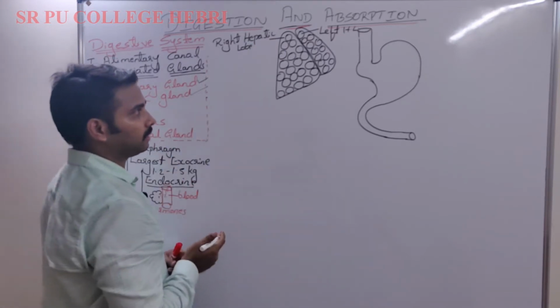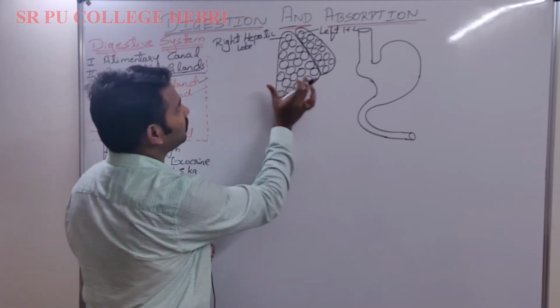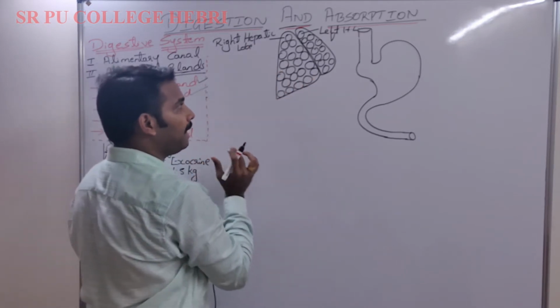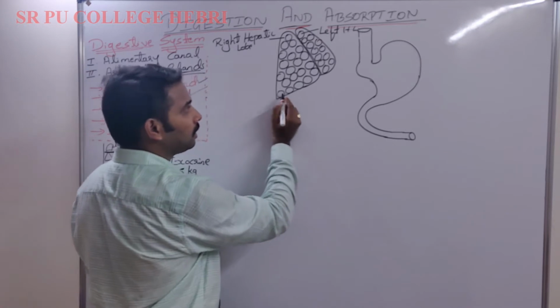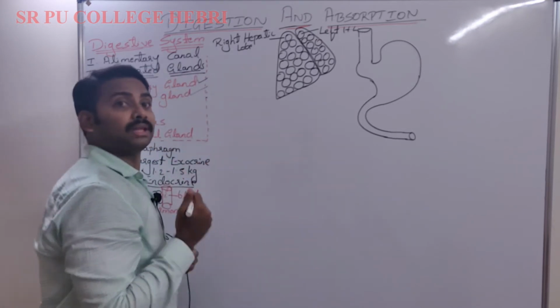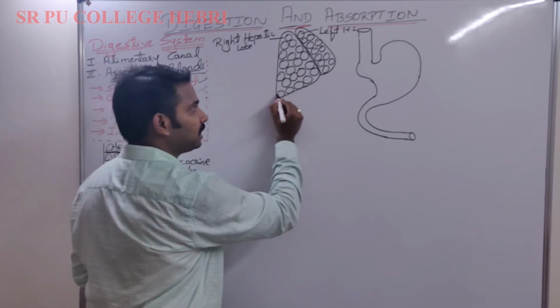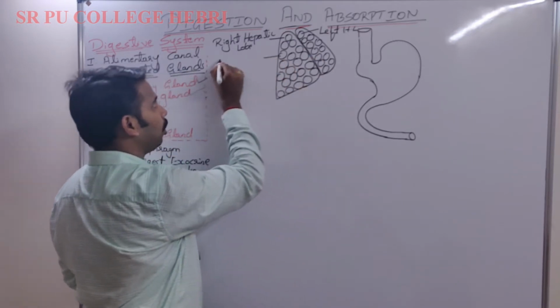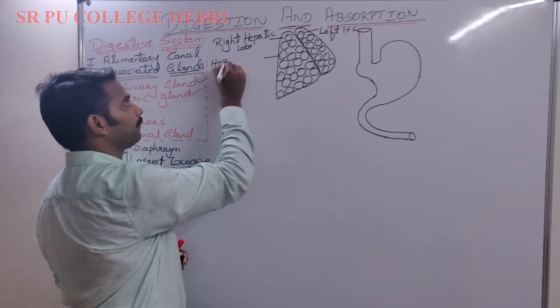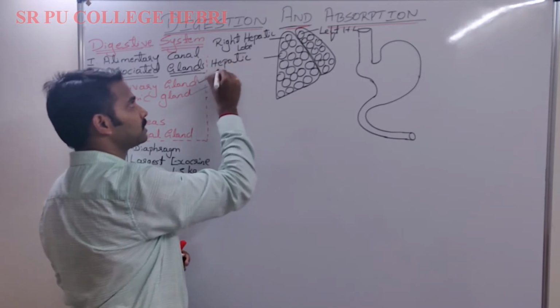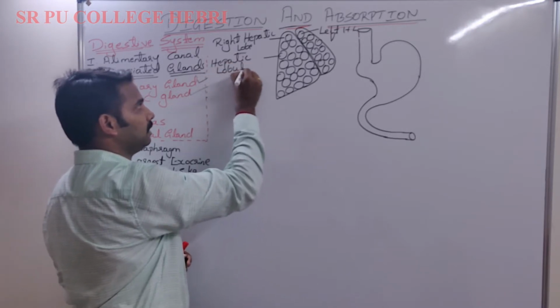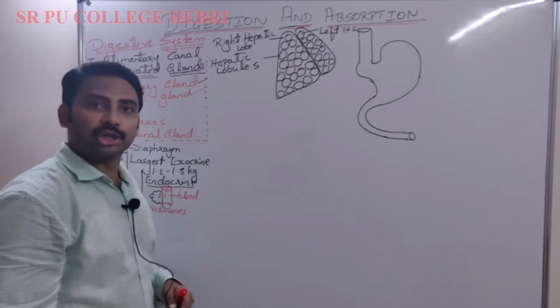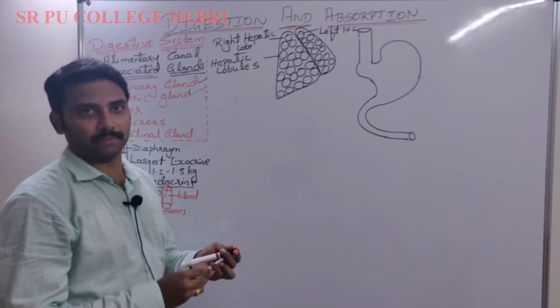Now you understand that each lobe of the liver is made of smaller functional units. Underline structural and functional units of the liver. These are called hepatic lobules. Hepatic lobules are the structural and functional unit of the liver.